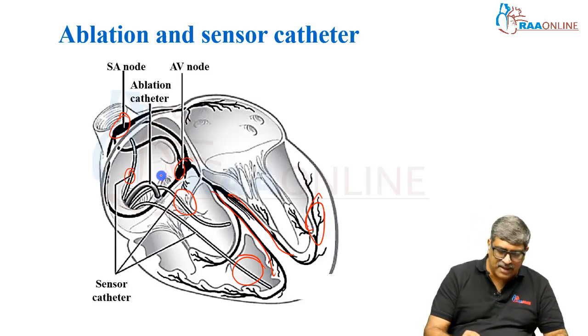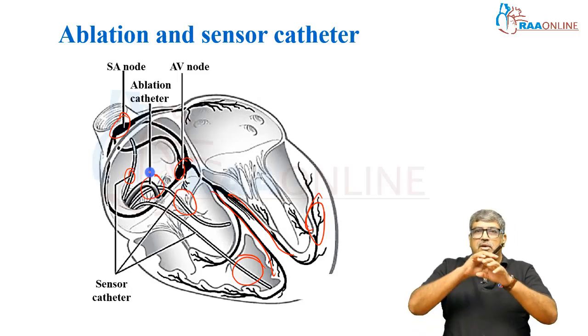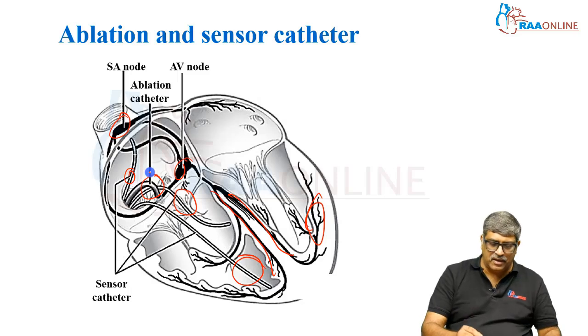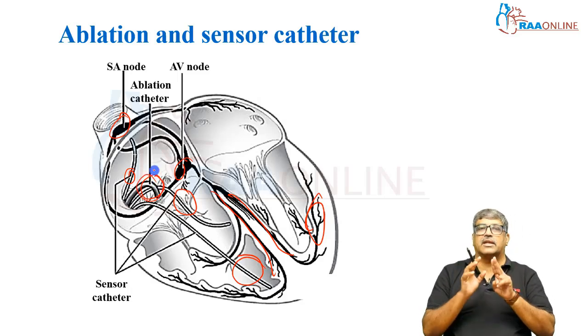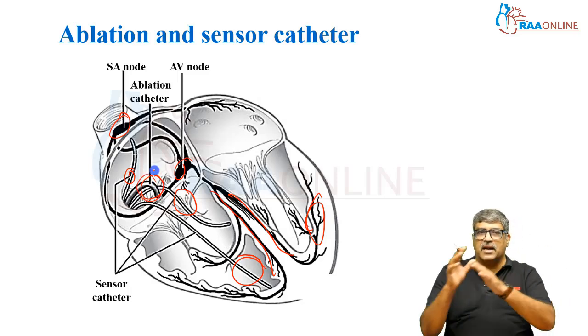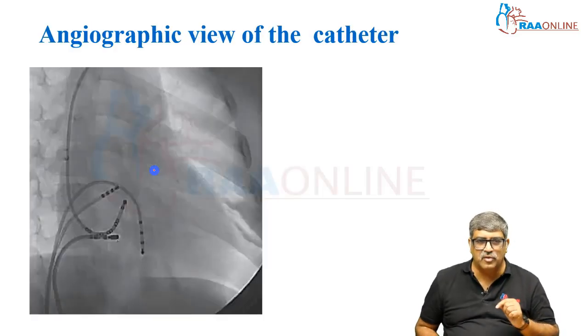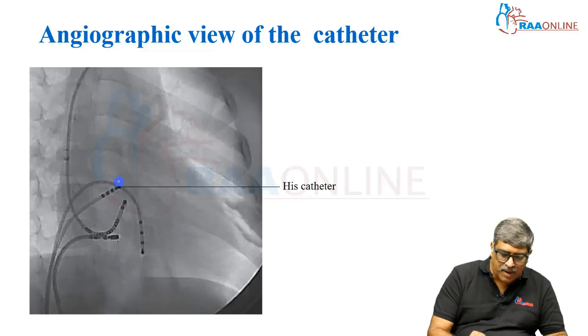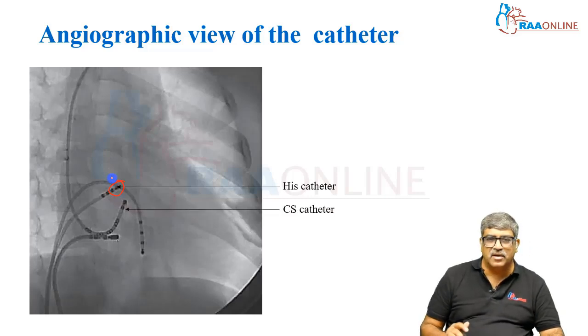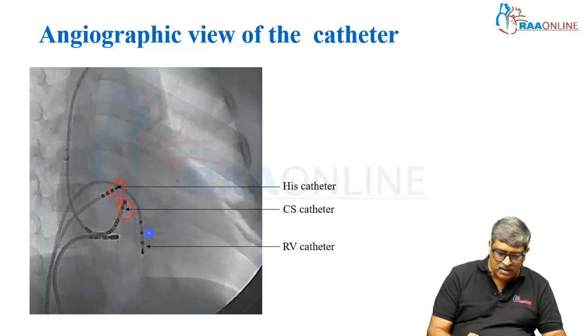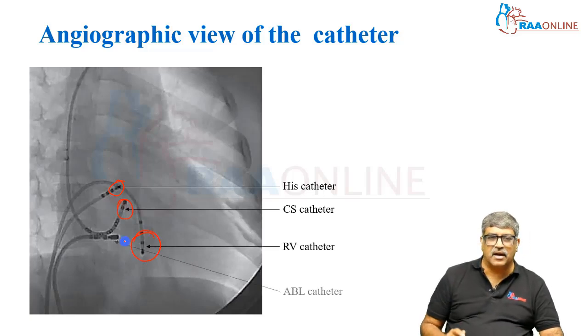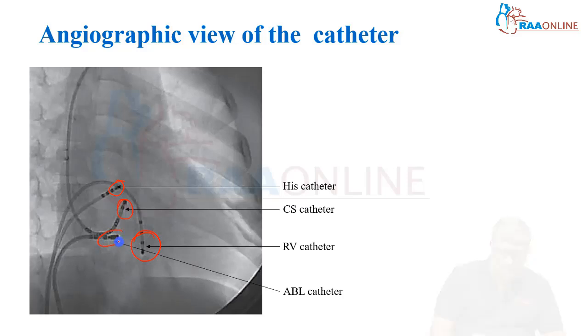And the ablation catheter, which is going to ablate the aberrant pathway, is located here. So, you have 2 catheters. One is the sensory catheter and another is the ablation catheter. This is the angiographic view and this is the bundle of His catheter, coronary sinus catheter and the right ventricular catheter, and this is the ablation catheter which carries the current.